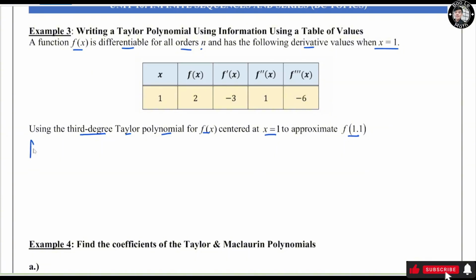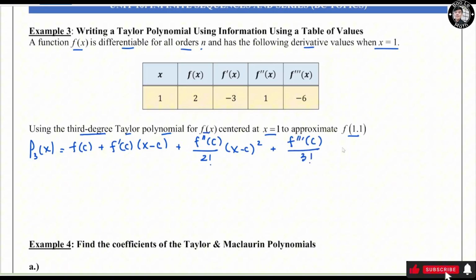So we have P3(x) equals f(c) plus f prime of c times (x minus c) plus f double prime of c over 2 factorial times (x minus c) squared plus f triple prime of c over 3 factorial times (x minus c) cubed. We stop right here because it's a third degree. Now we substitute 1 for c.